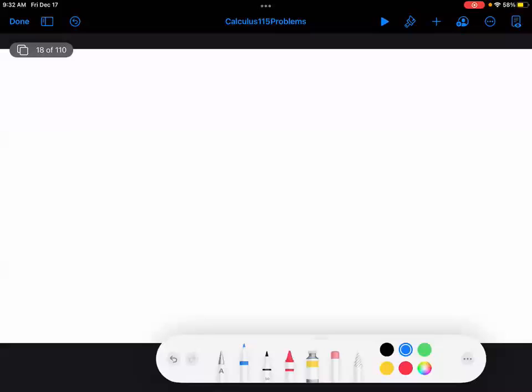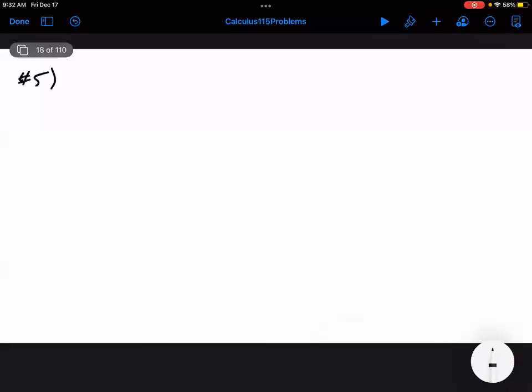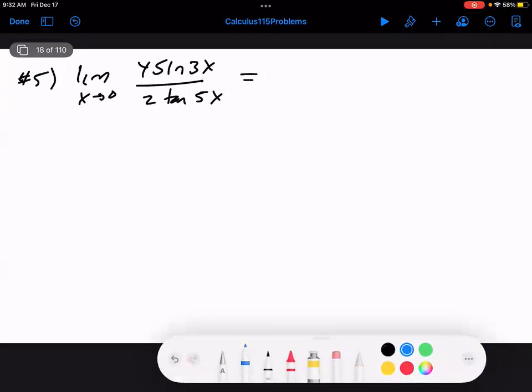Another one in the chapter review, which was a little bit interesting, was number 5. So we want to find the limit as x goes to 0 of 4 sine of 3x over 2 tangent of 5x. Well, the first thing is to notice that we have the 4 over 2, that just becomes a 2 that we can pull out.